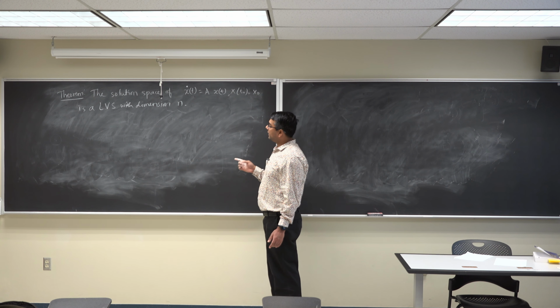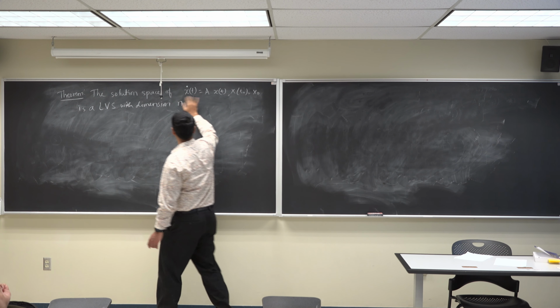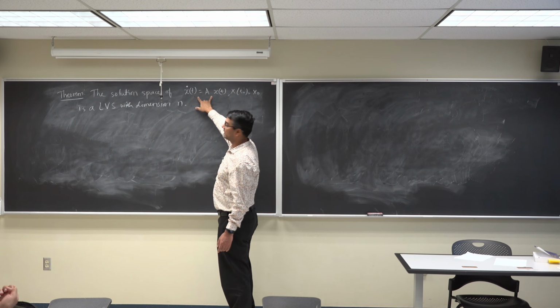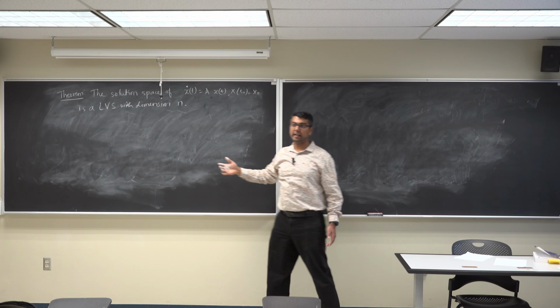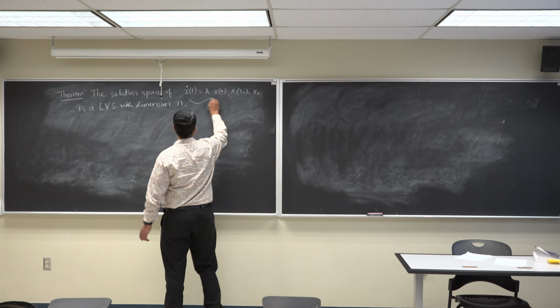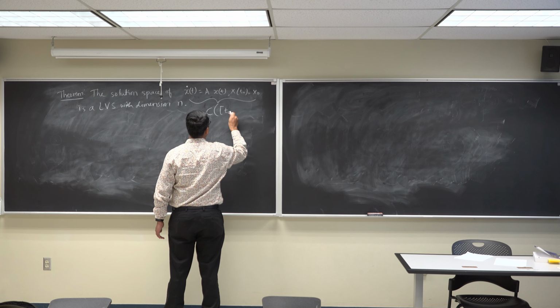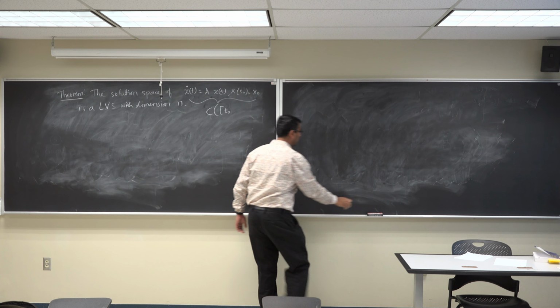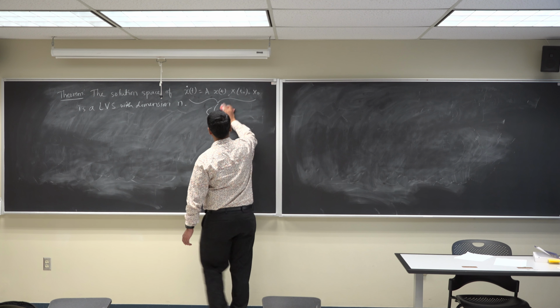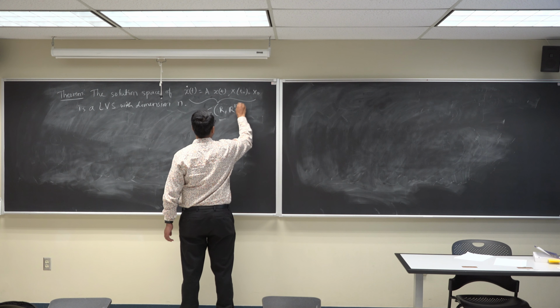It's interesting because technically speaking, without knowing this, all I can say about this solution is that it's going to be a continuous function of time. That's it. All I know about this space is that this is C of R to R^n.